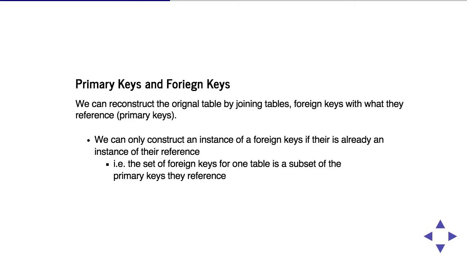We can construct original tables by joining up other tables using primary and foreign keys. Foreign keys are a subset of what they're referencing, so we can only construct an instance of a foreign key when we already have an instance of the primary key itself.